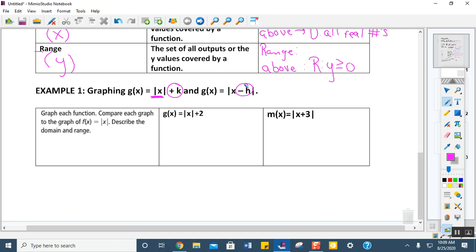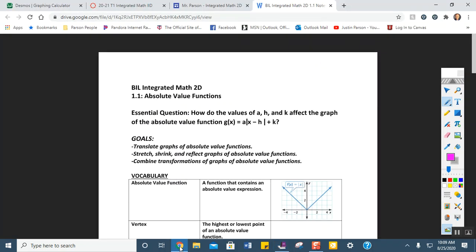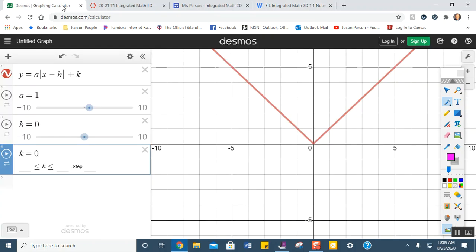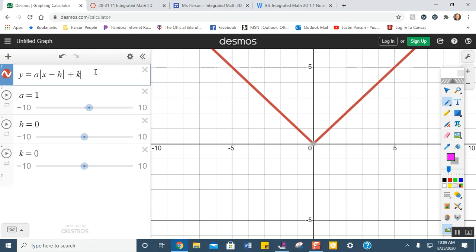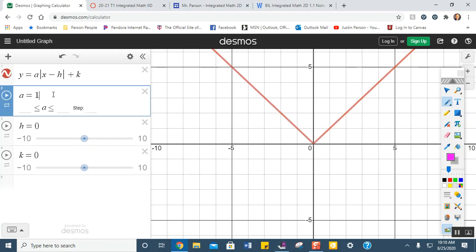So what I've done here, guys, I've set up a little introduction here in Desmos, and Desmos is one of the calculators that we will use often. I've set up the general form up here, and what I've got up there is the vertex form of an absolute value function. And that vertex form, y equals a times absolute value of x minus h plus k, is set up with what we call sliders. If you notice down here in part 2, I've set the a value to equal 1.